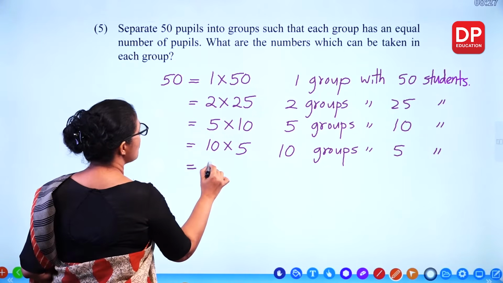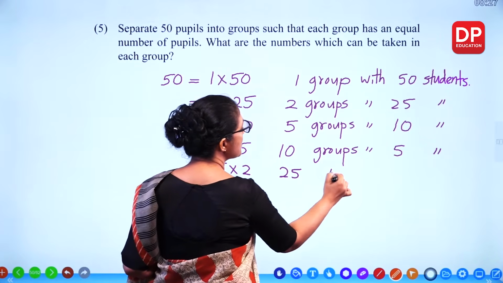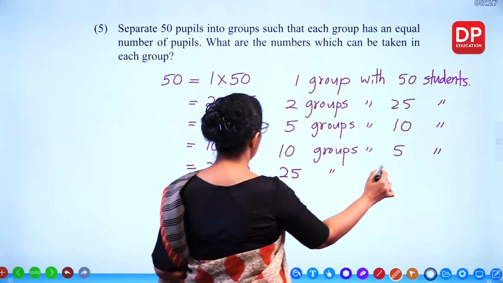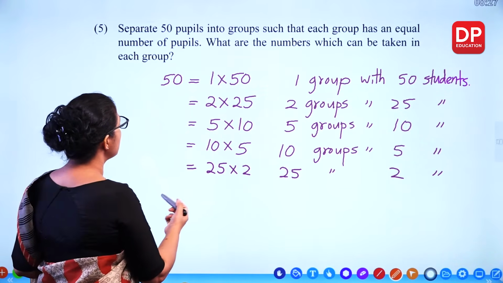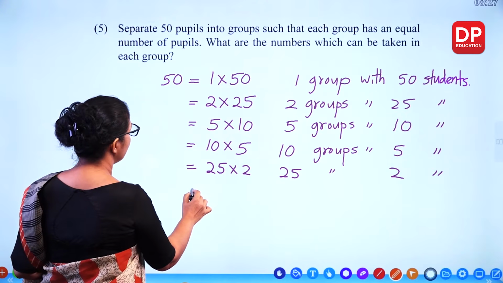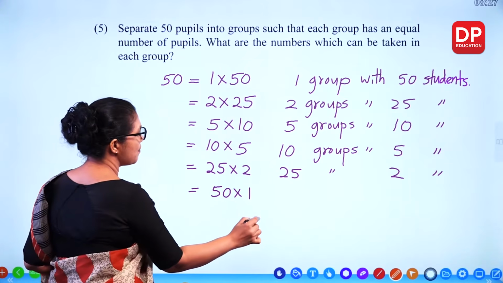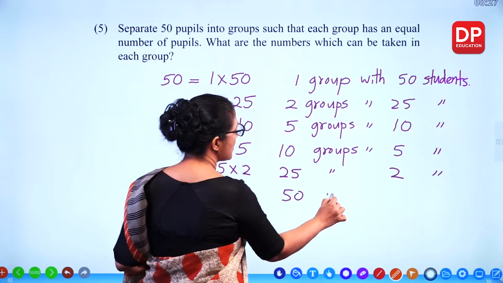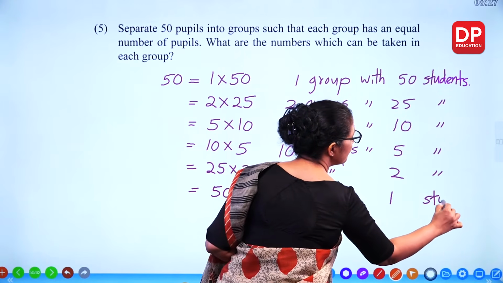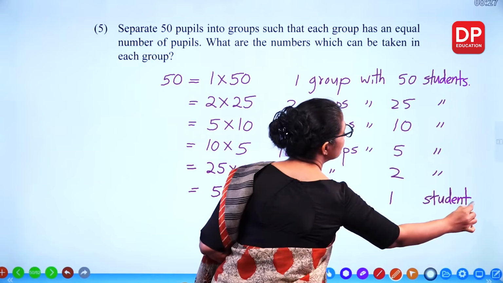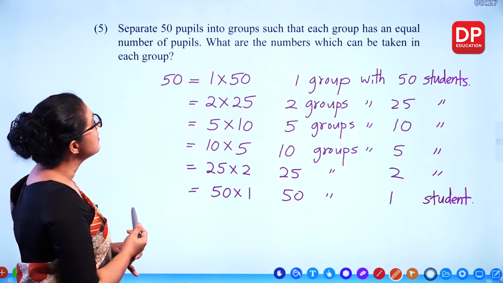And 25 times 2, that means 25 groups with 2 students each. And the other way around, 50 times 1, that means 50 groups each with 1 student. So those are the possibilities that we can group.